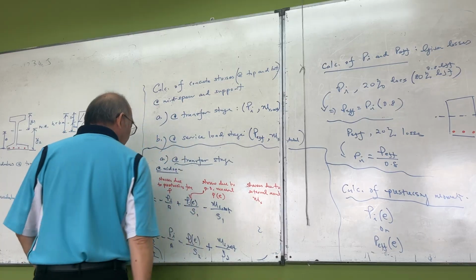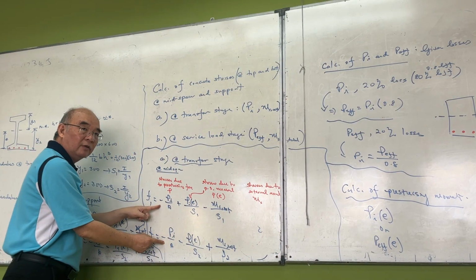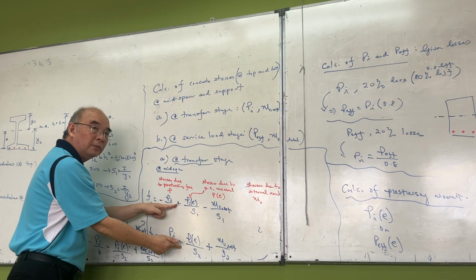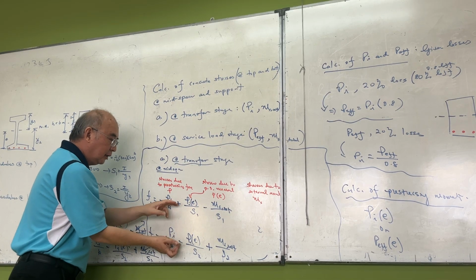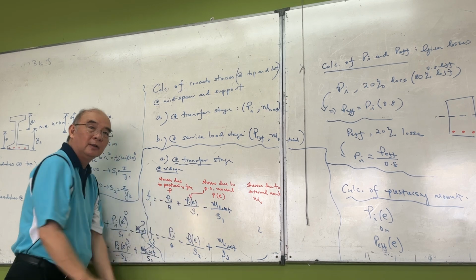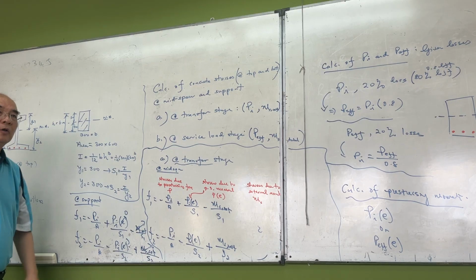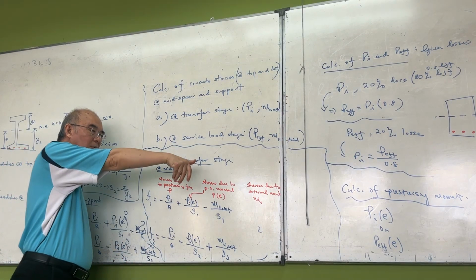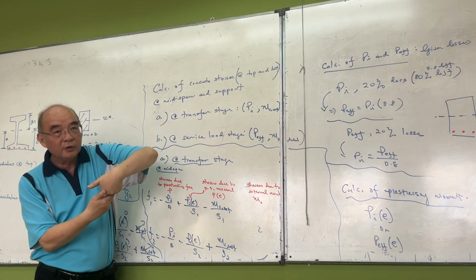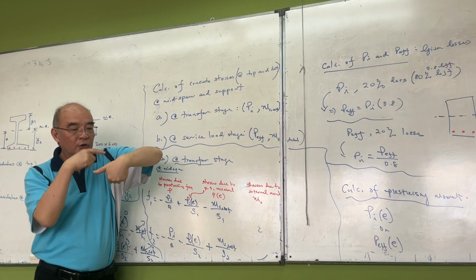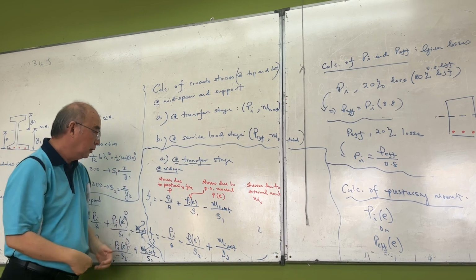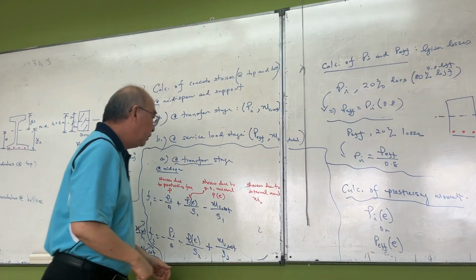Here, the first term is negative, negative. This one is top positive, bottom negative. And the third one is completely switched. Understand? Or if you don't want to memorize, you just think about the moment. The pre-stressing moment is like this because the force is this way: top tension, bottom compression.